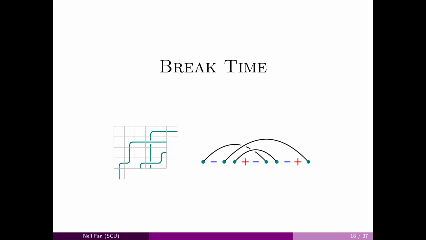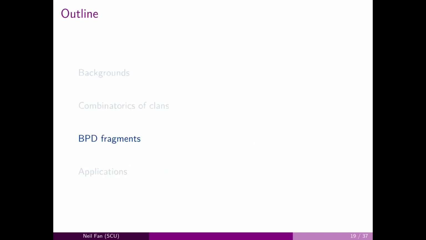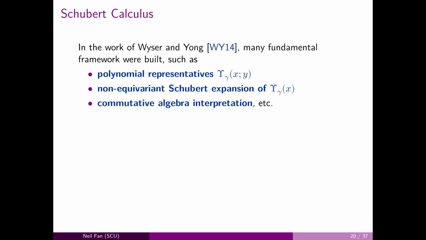Okay, let's continue. So we turn to our main computational structure, Bumpless pipe dream fragments. In the work of Wyser and Yong in 2014, many fundamental frameworks were built, such as polynomial representatives, upsilon gamma xy, and the non-equivariant Schubert expansion of upsilon gamma, and the commutative algebra interpretations of upsilon gamma.